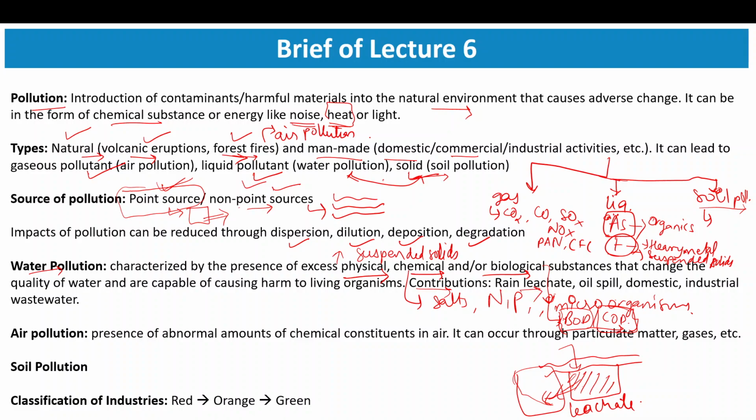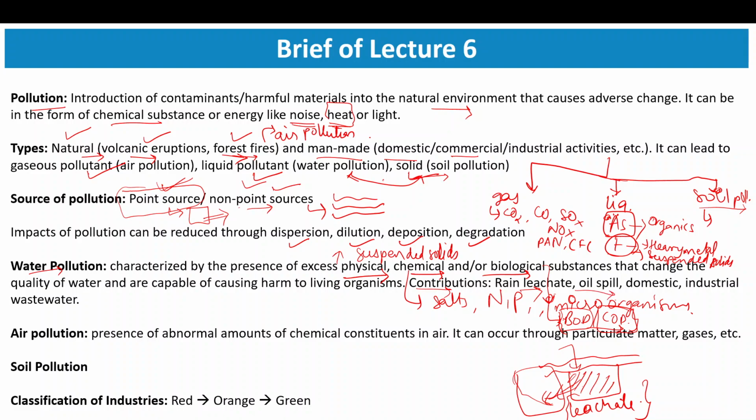If you have some solid waste dumped here, then if there is rain and it goes through that dump yard, it dissolves a few solids which form a leachate, and it will percolate, and if more and more comes, it will end up in some water body.